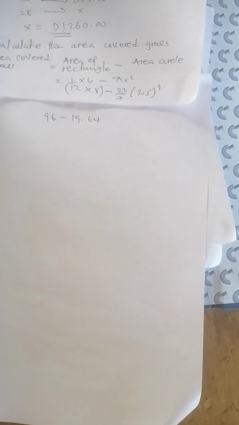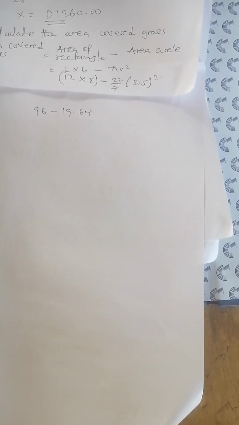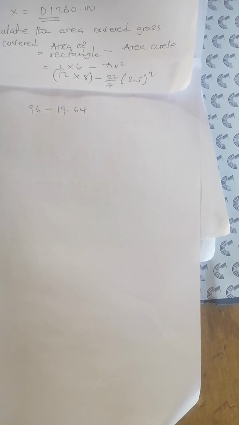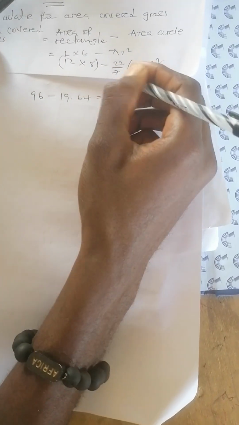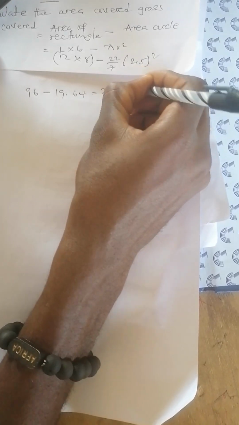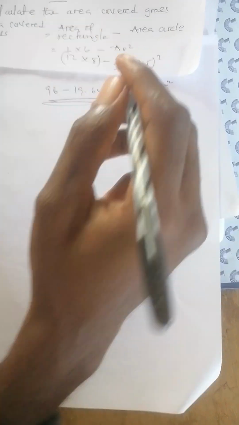So 96 minus 19.64 gives 76.36 square meters. This is the area covered by the grasses. Thank you.